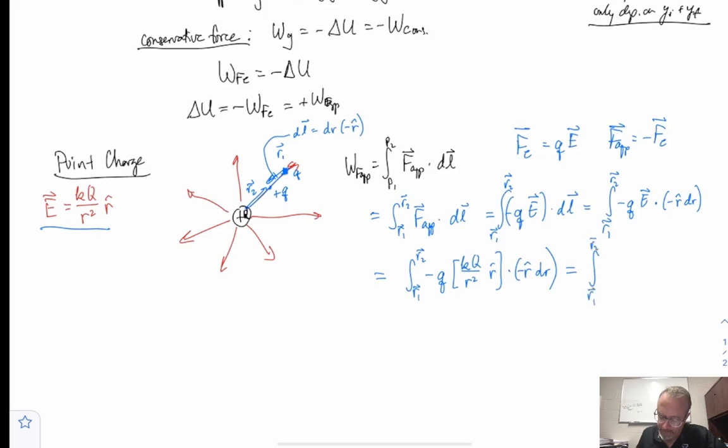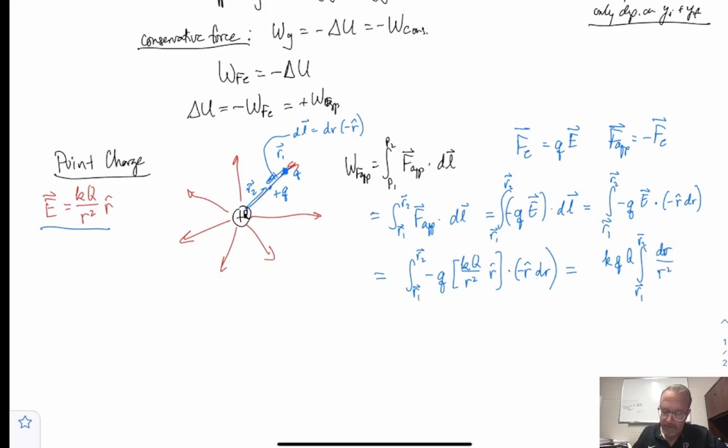Surely there's things I can take out of this integral. In fact, all of these things that I've just written could be taken out of the integral, right? KQQ. In fact, let me go ahead and do that. All of those are constant, so they move outside the integral. And then I have r hat dot r hat, which is 1, and I have a dr over R squared.